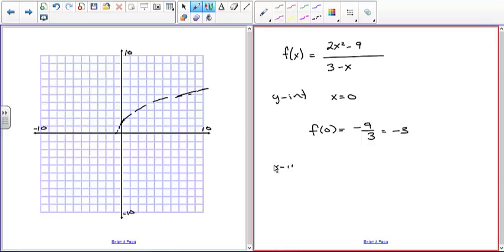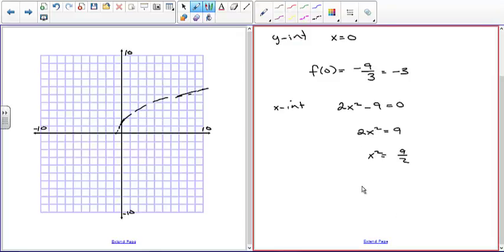The x-intercepts are where the numerator goes to 0, so we set the numerator equal to 0. You'd add 9 to both sides, and divide by 2, you get 9/2.